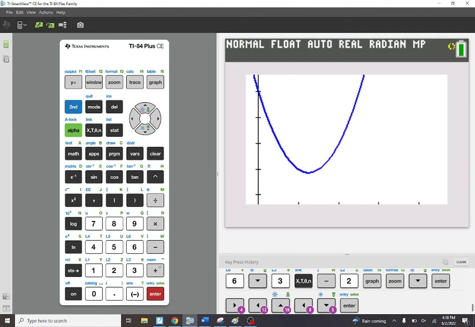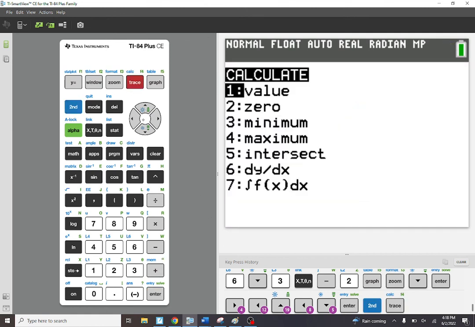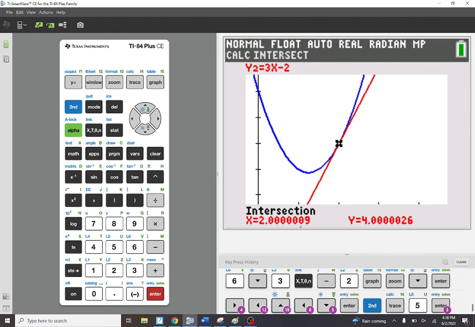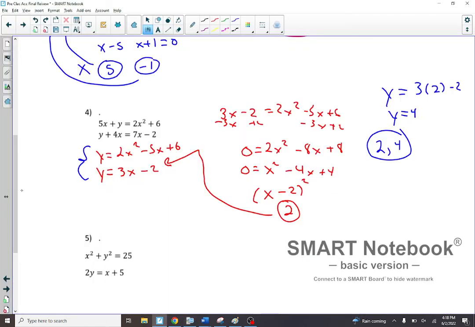Click enter, and it might zoom in a little bit better for you. Either way, you're going to take second trace. We're going to look for intersect, so option 5. First curve, second curve, let me guess. It should be around here. If you have trailing numbers like that, it's because there's estimation, but it's going to be about 2 and about 4, so you can use that to confirm your answers.